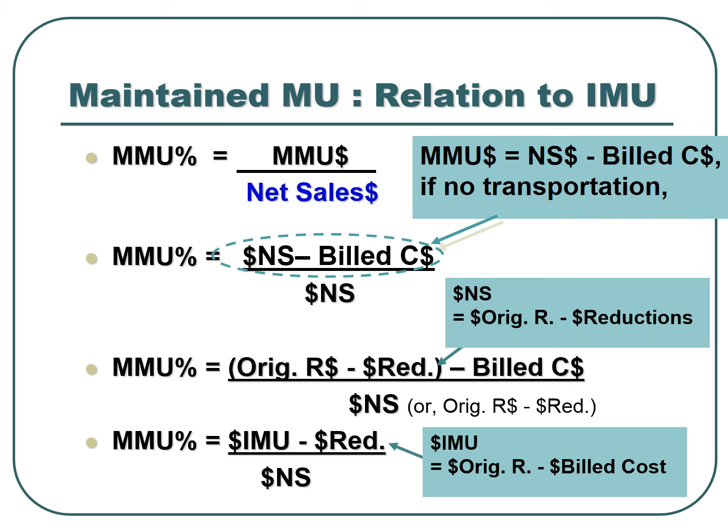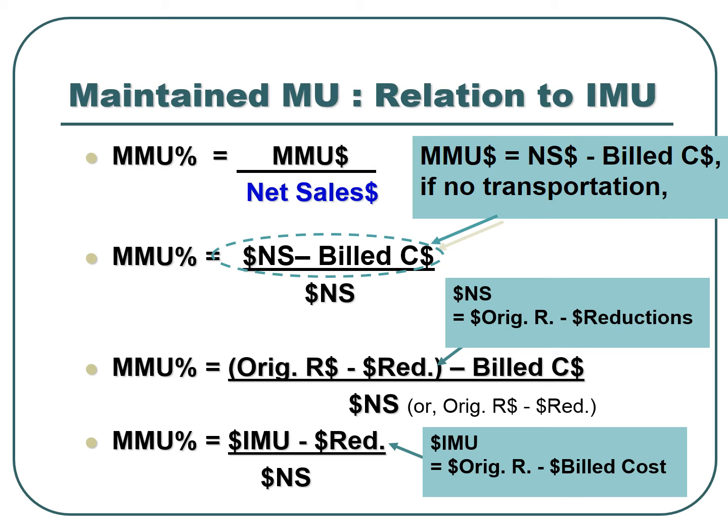Right? So all these four formulas, as well as any variations of them, given the concepts or the relationships between the original retail, net sales, reductions, and maintained markup and IMU dollars and all those things together that we saw from the previous slide, we can think about all kinds of variations of these MMU percent formulas that can work.